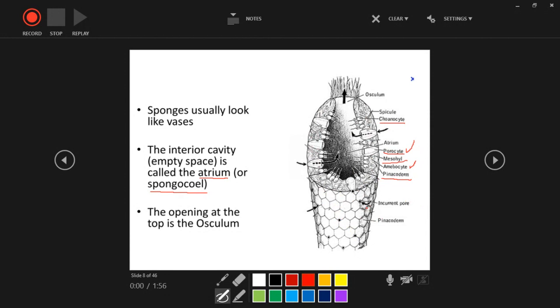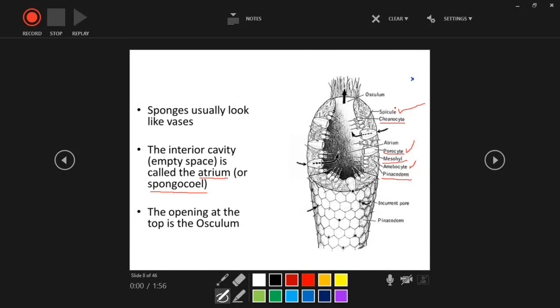Now, how does it hold its structure? The spicule. So in the picture I showed you, spicules will maintain the integrity of the sponge, and it's good for protection too.